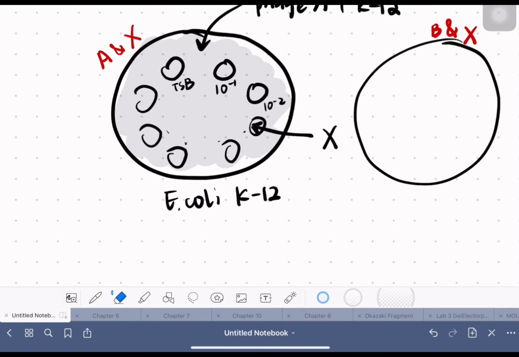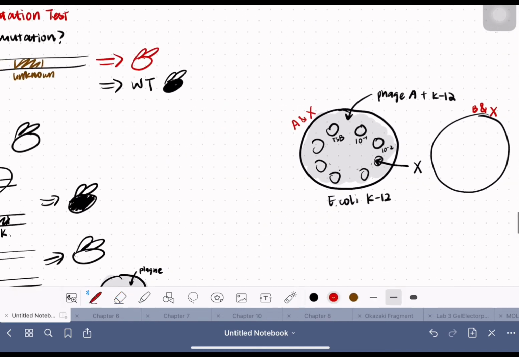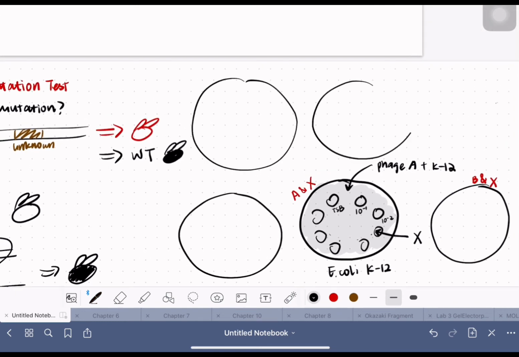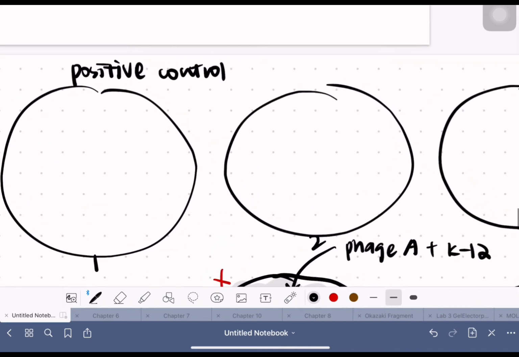So why do we have 6 plates according to the lab manual? Well, the other 4 are all controls. Plates 1, 2, and 3 are positive controls to let us see what the plate will look like if the bacteria can be killed no matter what.